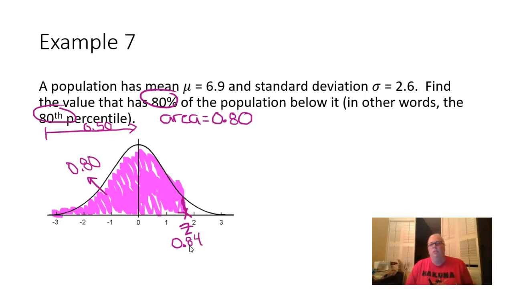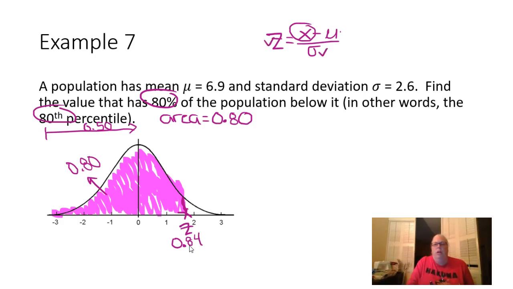Now your book gives you another formula to remember to try and turn this back into its data point, but I'm just going to use the z-score formula, and I'm just going to write it up here so we remember what it is. We've got x minus mu divided by sigma. I'm trying to figure out what this number is right here. I've got this one, I just found it.